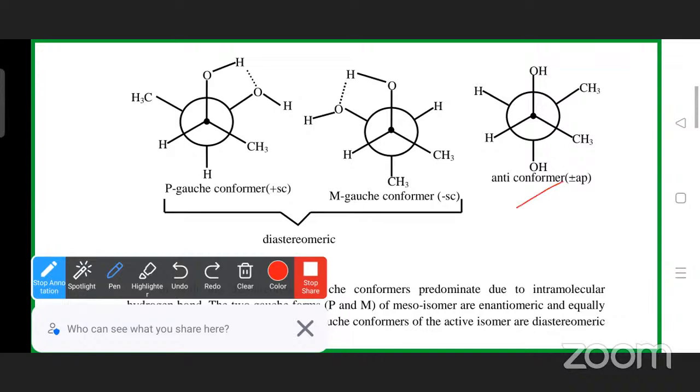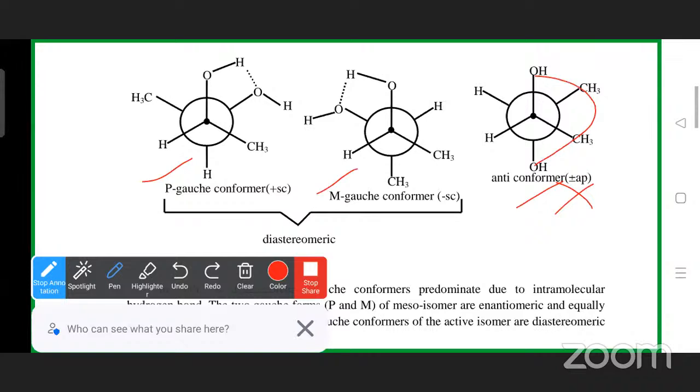So now here you see the P gauche conformer, the M gauche conformer, and the anti. So after eclipsed, the next least stable is the anti-conformer, because there is no possibility of hydrogen bonding formation here.